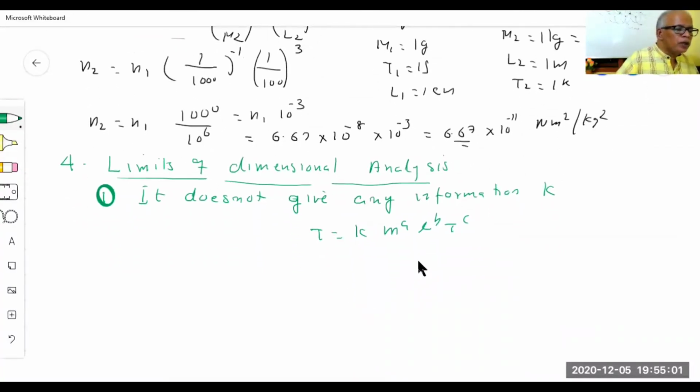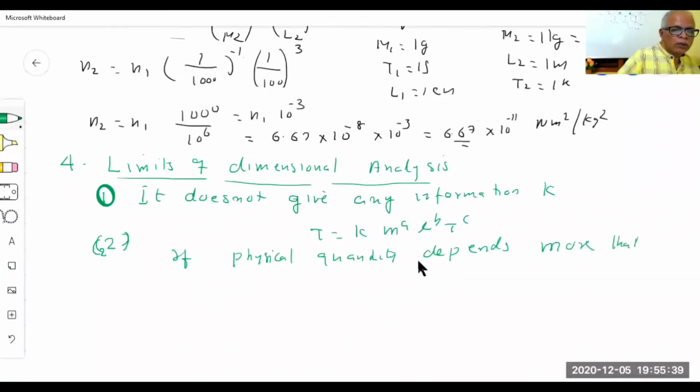Second point: if a physical quantity depends on more than three quantities, it is not possible to derive the relation.